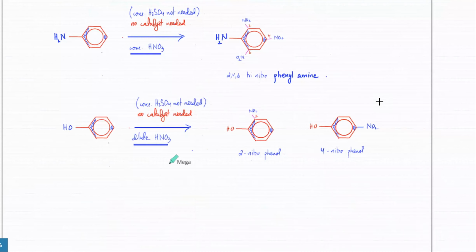So everything is exactly identical. So NH2. So you're going to get two types of compounds. One of them would be 2-nitrophenylamine. And the other one would also be 4-nitrophenylamine.